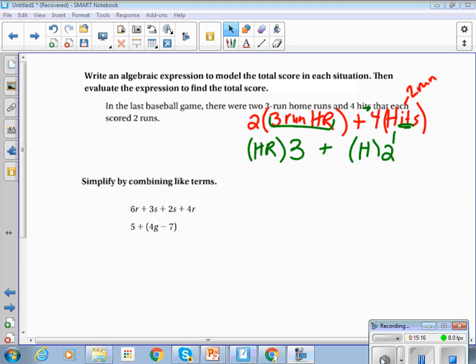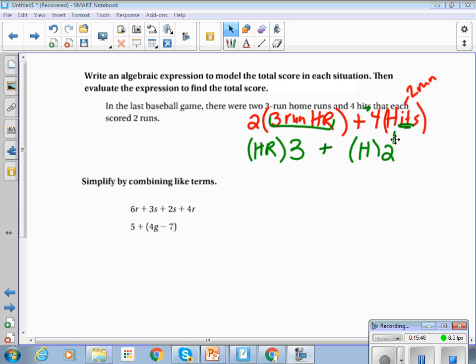All right, so we have a situation where we have 2 3-run home runs. So a 3-run home run, I'm going to call an HR. It's going to earn us 3 points every time we get one of those. So this is my work. This is just scratch. I have 4 2-run hits. So every time I got a 2-run hit, I had 4 of those scenarios.